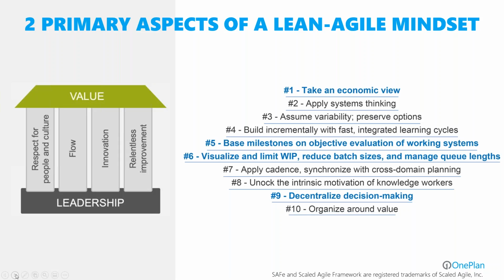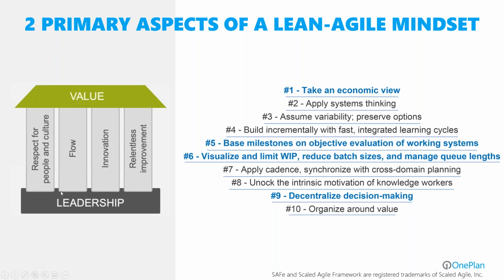Take an economic view. Base your milestones on objective evaluation of things, what you can see and touch, not what someone documents. Visualize and limit work in progress, and use decentralized decision making.